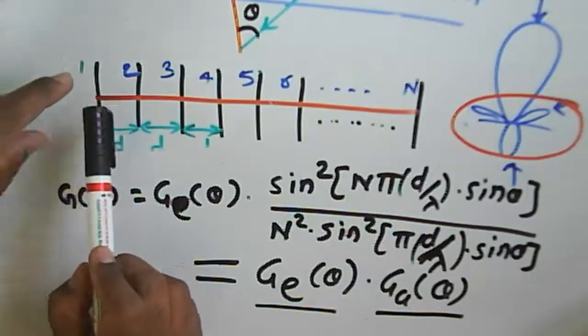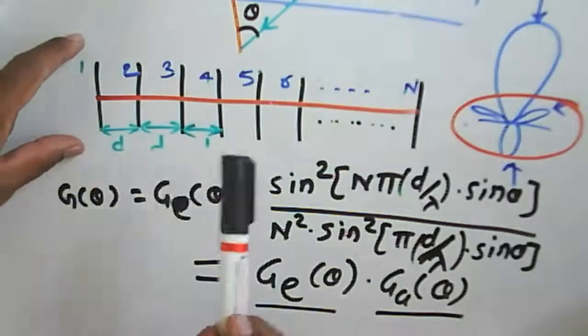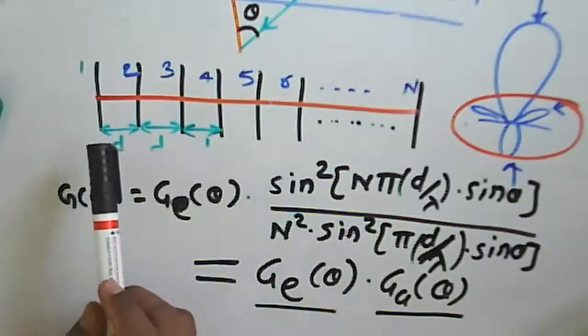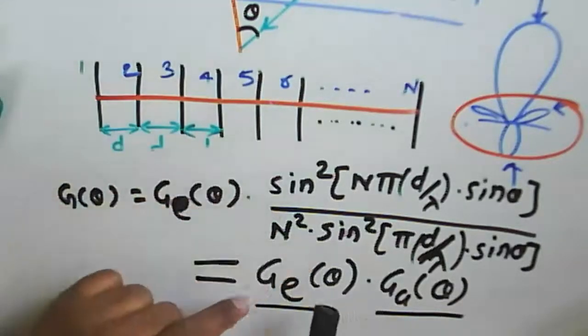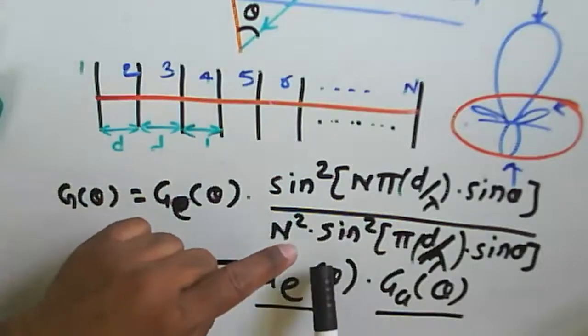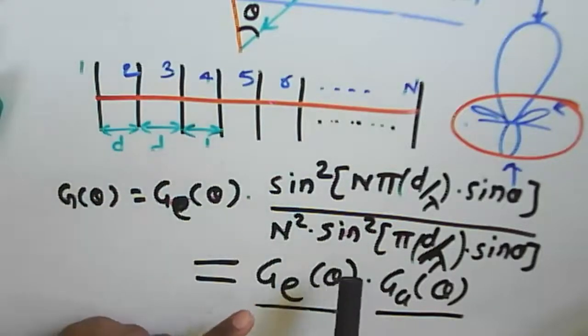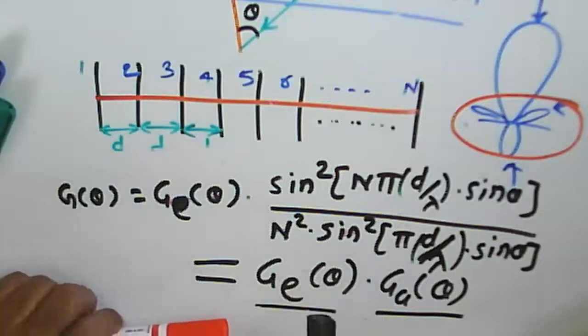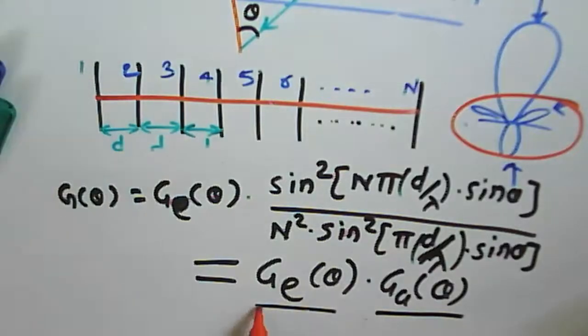Because all the elements are identical, every element has some particular radiation. That's why it is g for the single element. And this one is nothing but the array factor.